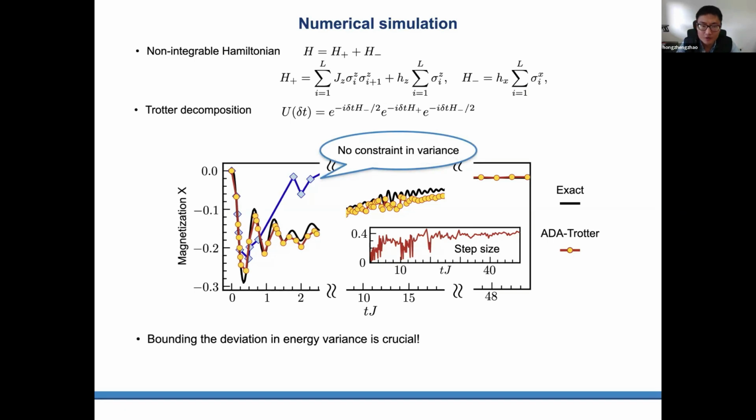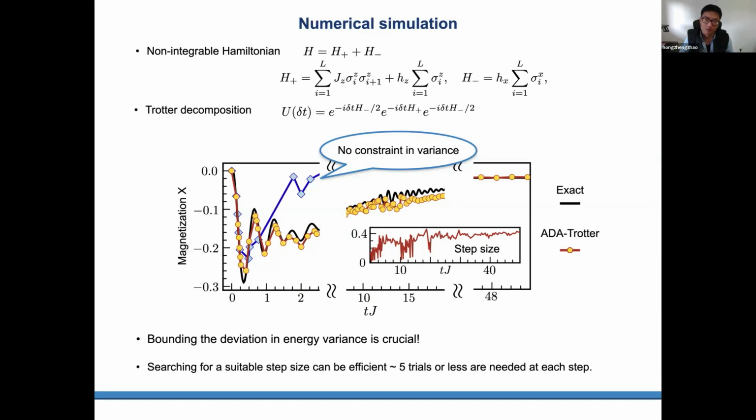Here I also compare these results with a simulation without explicit constraints on energy variance. The blue lines only preserve energy fairly well, and at extremely short times it's okay, but after a very short time, you see significant deviation from the correct answer. Therefore, I want to highlight that bounding deviations in energy variance is very crucial to realize a stable digital simulation.